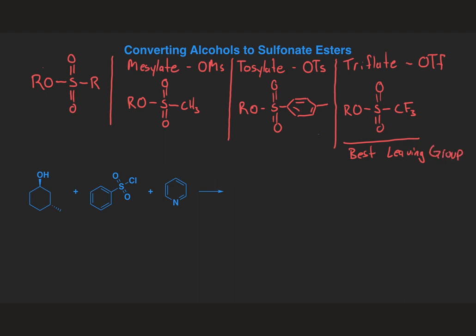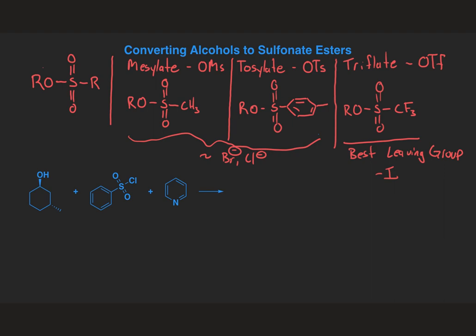And it's probably on the order of, say, an iodine or an iodide as a leaving group. Mesylate and tosylate are slightly worse than a triflate, and they're probably on the order of, say, a bromine or a chlorine, a bromide or a chloride leaving group.